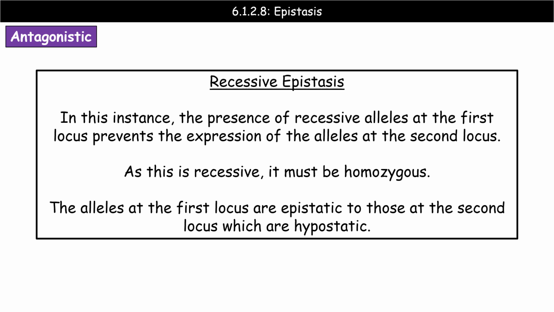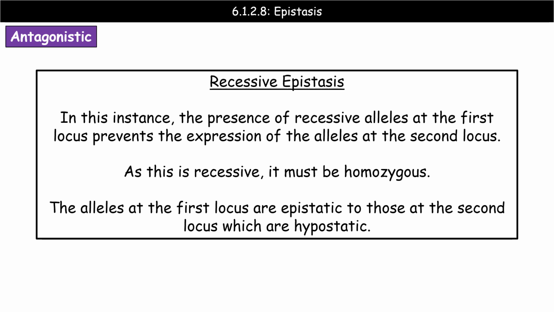Okay, so what we're going to do is start with antagonistic epistasis first of all. This is divided up into two different subcategories, and we're going to start with recessive antagonistic epistasis. When we're talking about recessive epistasis, what we're looking at is the presence of two recessive alleles at the first gene locus preventing the expression of whatever alleles may exist at the second locus.